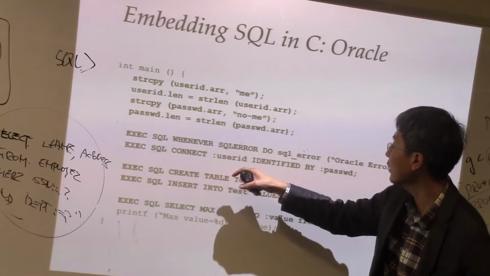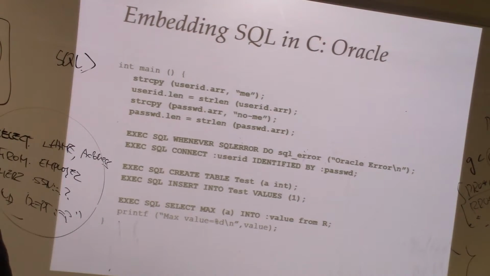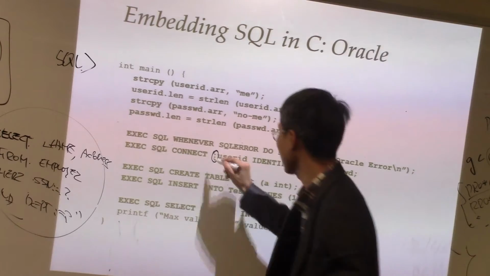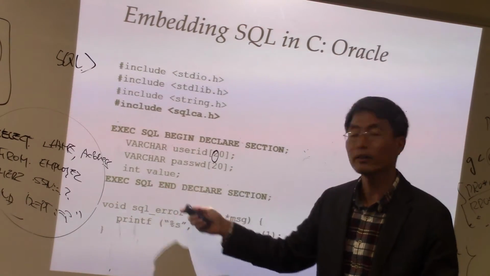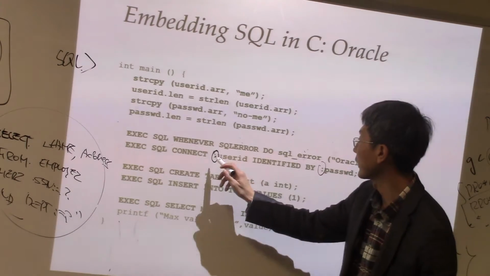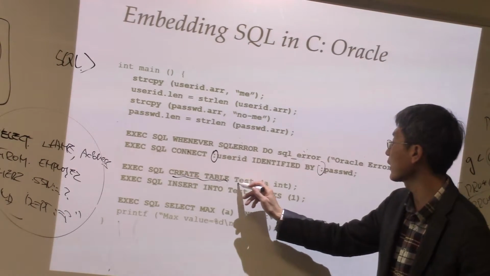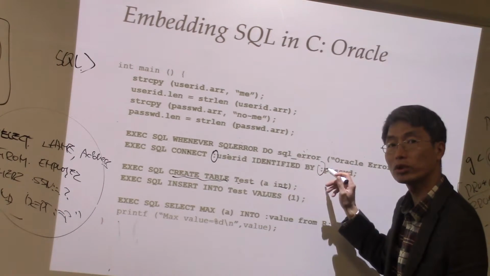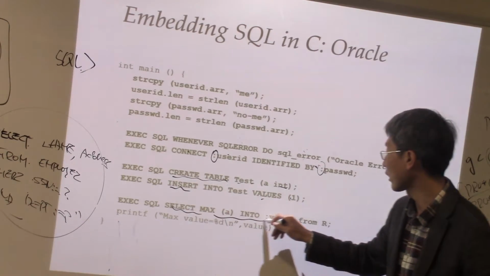Okay, user ID. The reason for the semicolon is that it is defined here as in between. So then get the password, right? Then connect to the database. Then create the table tester using this user and password, insert the data, and select the data.